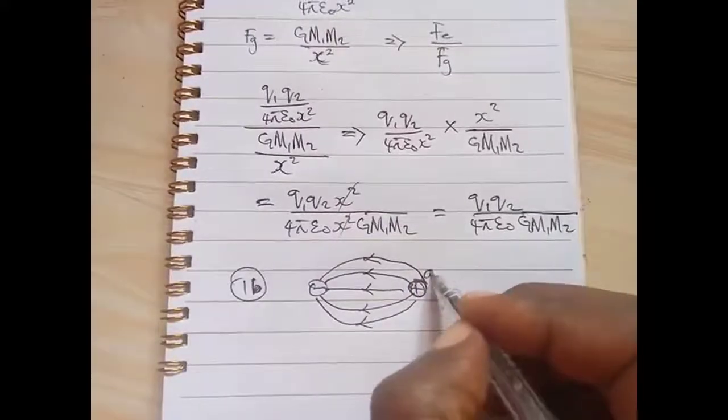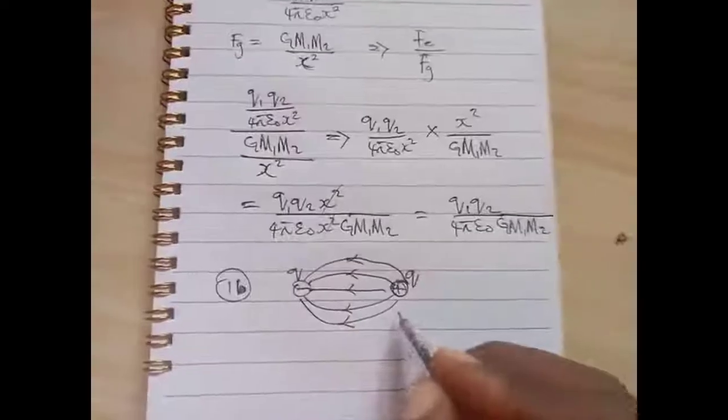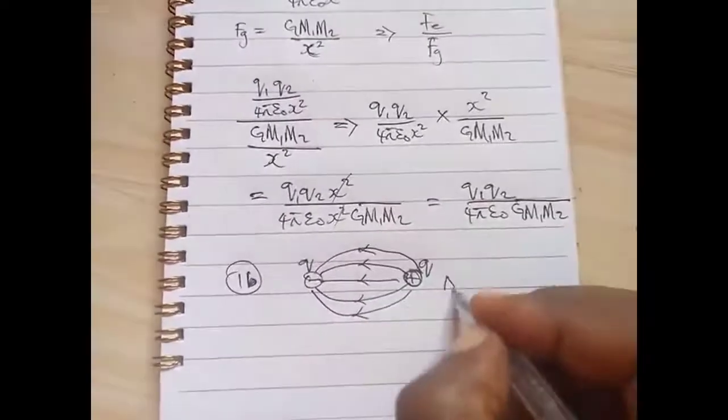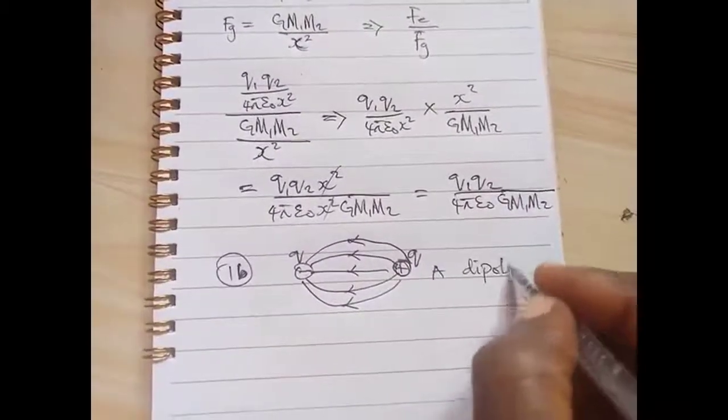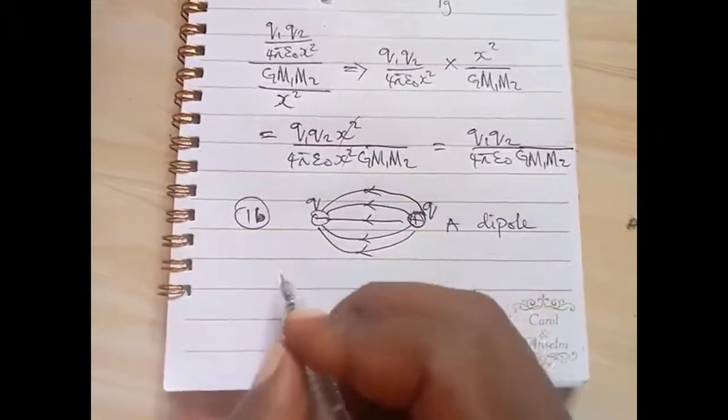So this is the positive charge, this is the negative charge, so this is a dipole.